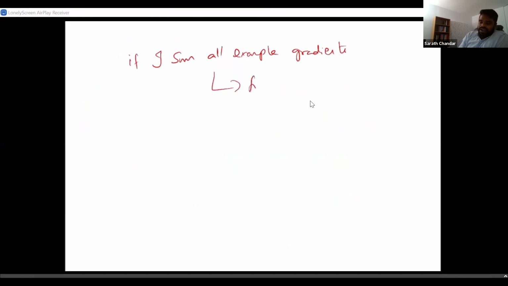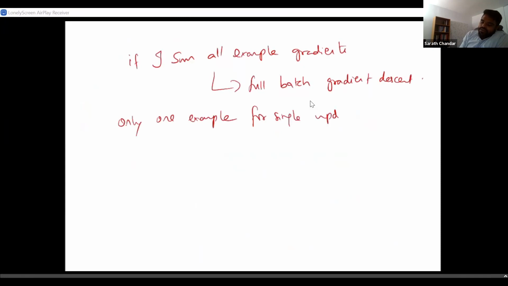So this is full batch gradient descent, right? Or I could also consider only one example for a single update, which is the stochastic gradient descent setting, right? Or I could consider a mini batch of examples.